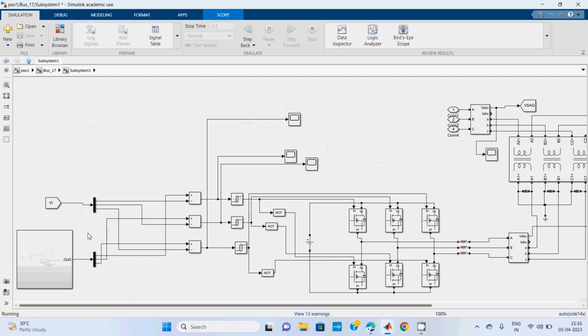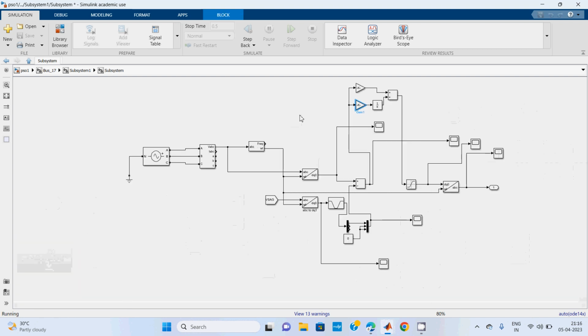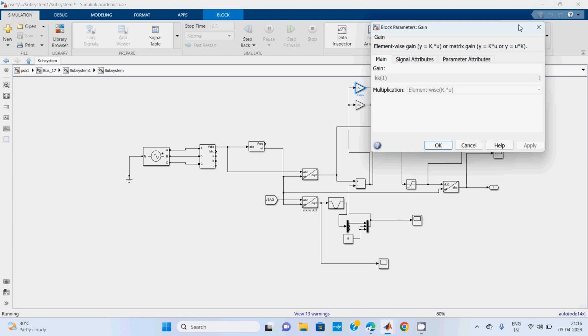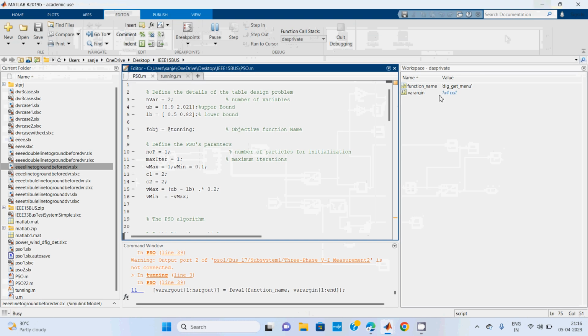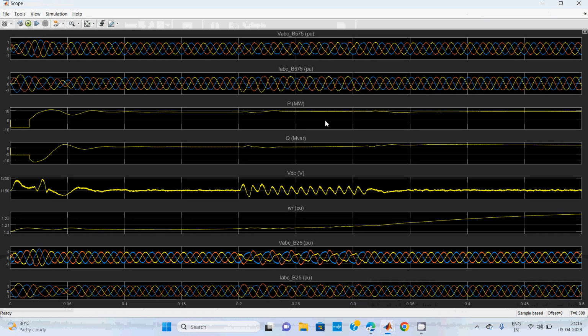The PI controller KK values depend upon the PSO optimized values. PSO optimized values can be obtained here. That is the advantage of the proposed method. So in order to stabilize these oscillations, we are using a PSO algorithm. When we use the PSO algorithm, we can get the stabilized VDC voltage at the output side.